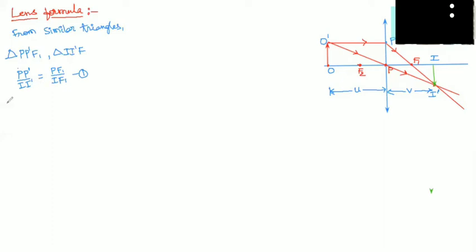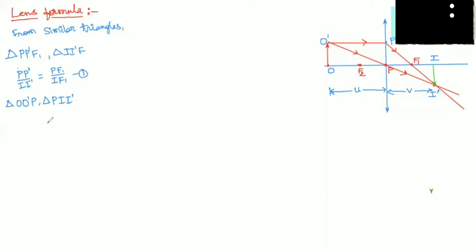Next similar triangles which I am considering here: triangle O dash P, triangle O dash P, comma, triangle PI dash. These two are similar triangles because these two are formed by same line O dash I dash. So these become similar triangles.